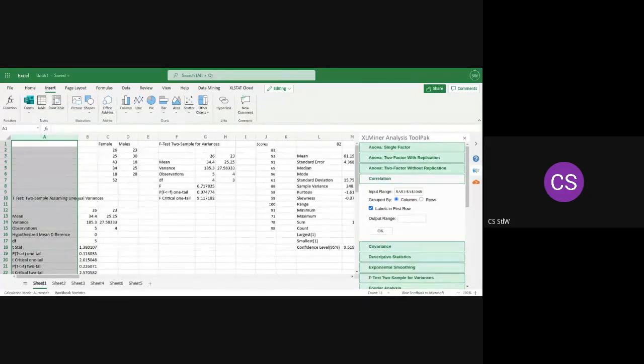So we are just going to get a brief description of how our data set is looking or what it has. The first data set we have is the female and male.